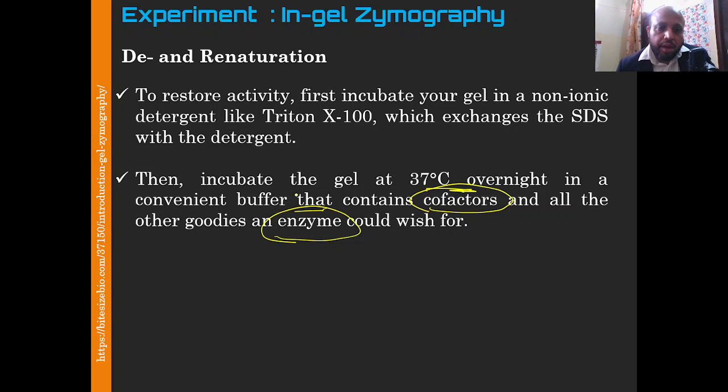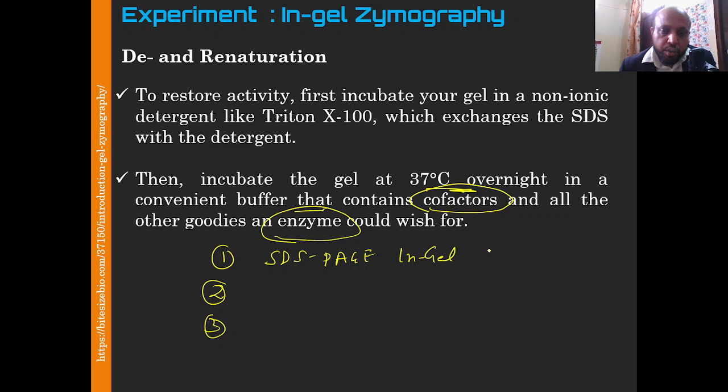So before I end, let me summarize what I said. We talked about SDS-based in-gel zymography. In this particular case, the difference is that you use a non-reducing condition, and no heat is used. The second thing I mentioned is that the substrate has to be added in the gel itself, so that you can see what type of activity is there.